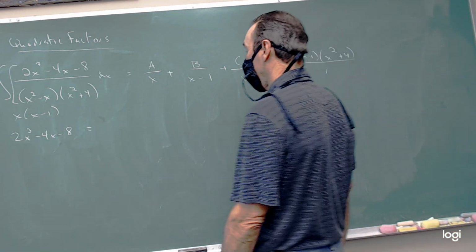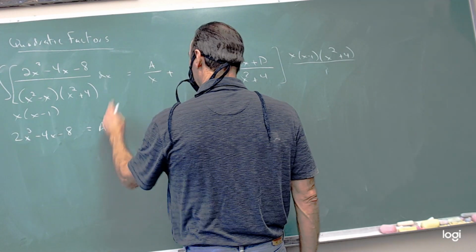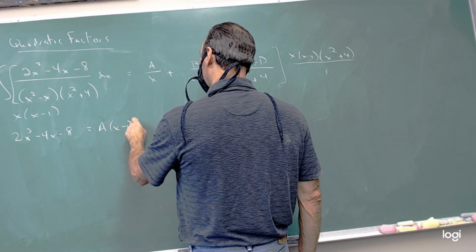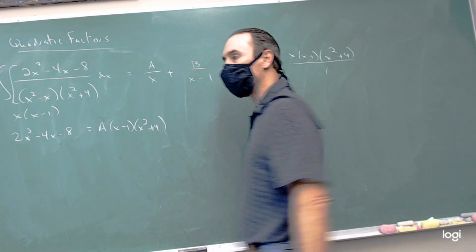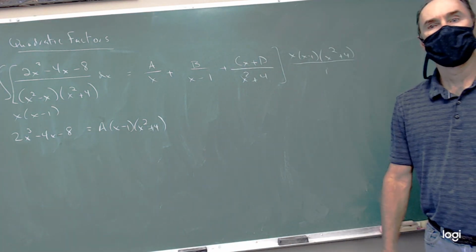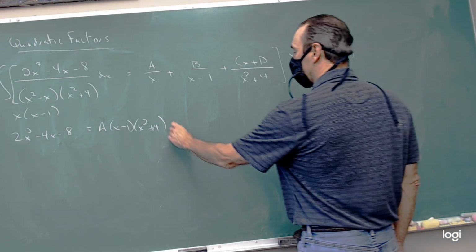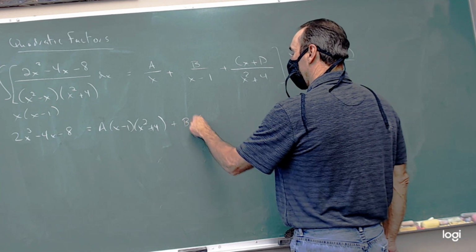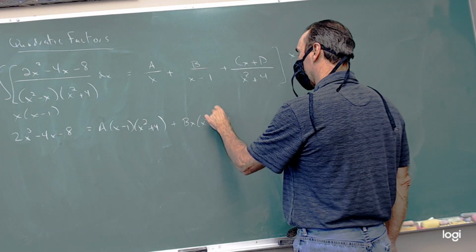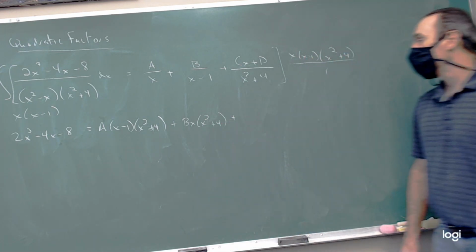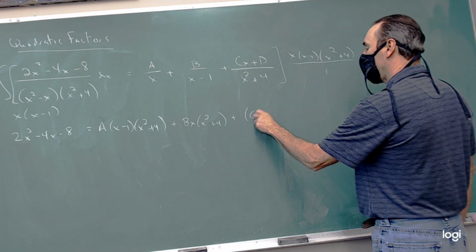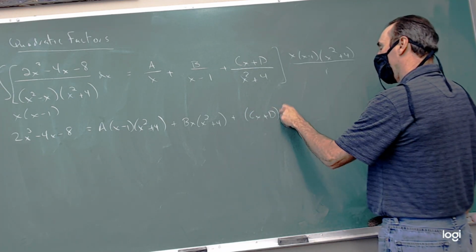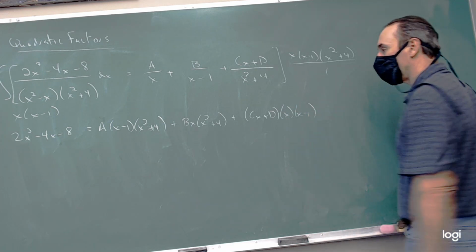And we'll get the a. The x will drop out. We'll still have an x minus 1 and an x squared plus 4. Is this all making sense? And then for the next one, the x minus 1s will cancel, so we'll get a b times x and our x squared plus 4. And then the x squared plus 4 will cancel, and we'll get our cx plus d, an x, and an x minus 1.